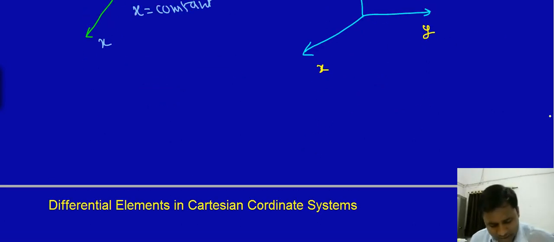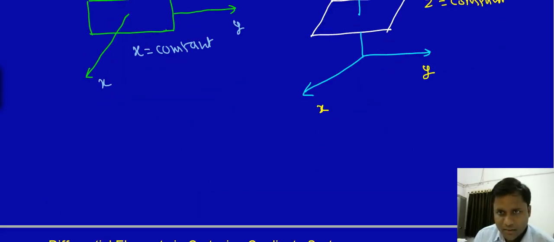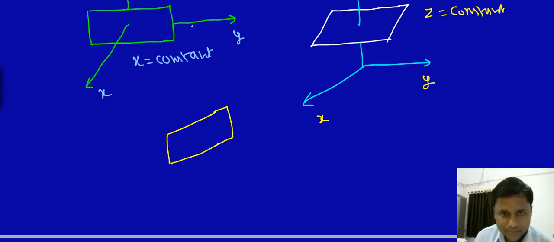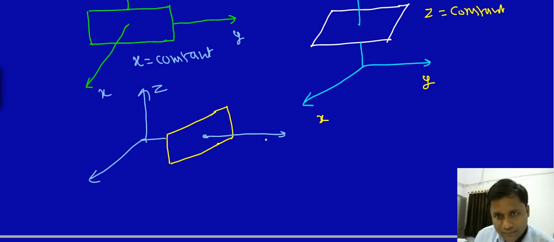And there is one more plane, which we can draw like this. This is z, this is y, this is x.